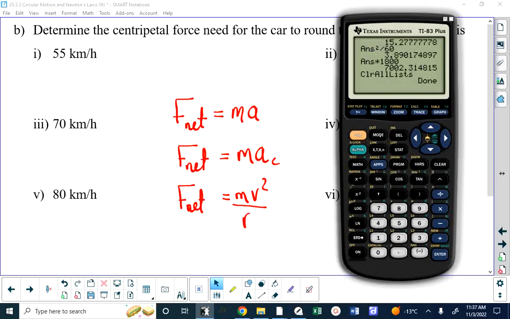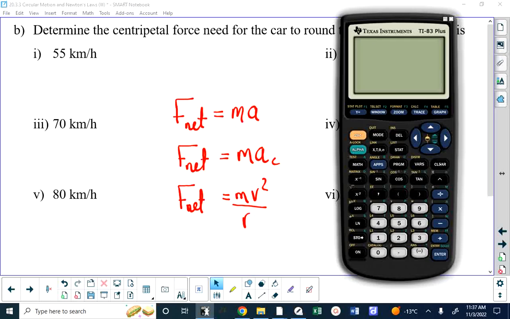What is it I have to do to the speed to get the force? I have to take 1800 times the speed squared, but I need the speed in meters per second, right? You know what? Let's do this instead. I need the speeds in meters per second. So I'm going to take the speed and divide by 3.6, right?